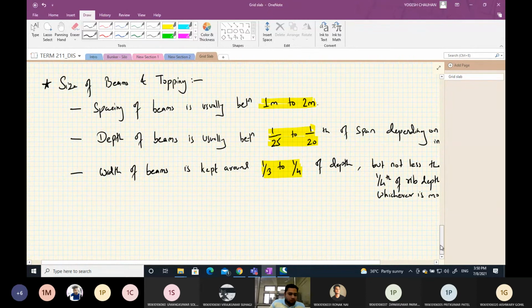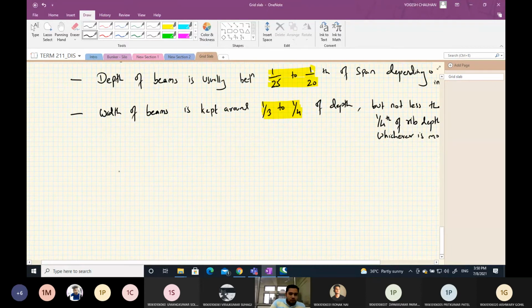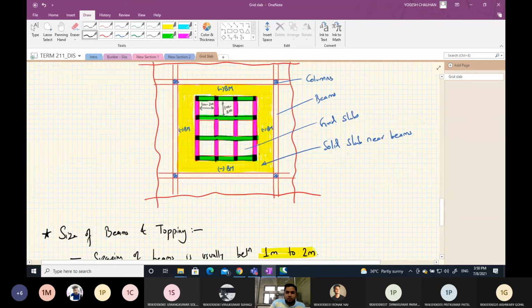Now for topping, the thickness of the topping slab is quite less, because the span between the two beams is very less, which is around 1 to 2 meter.